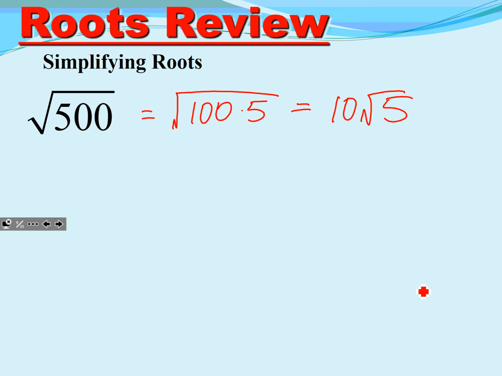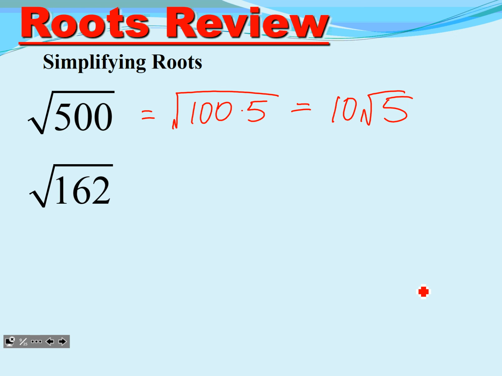Again, I know a lot of you guys were able to do that in your head. Root 162, very troublesome, but you guys should know that 162 is just 81 times 2. Thus, the answer is going to eventually become 9 root 2.